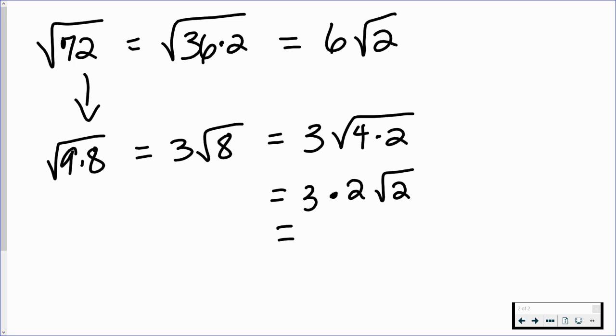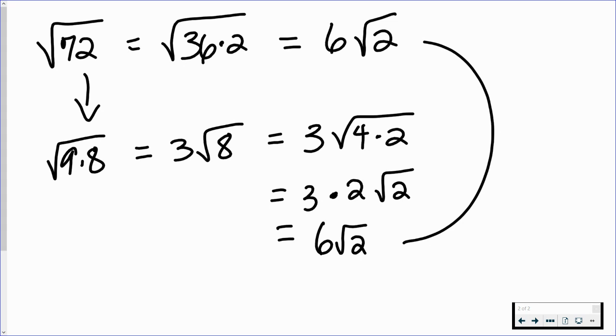Now take a look at what we have outside. We have a 3 times 2. 3 times 2 gives us 6, and we still have square root of 2. Notice that we get the same thing no matter which way we go. It just takes us a little bit longer if we don't see the biggest perfect square to begin with, but you can still get to that same answer. So again, there's no one correct way to do all of these.